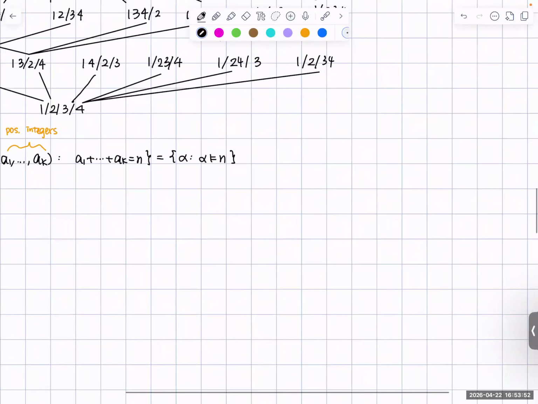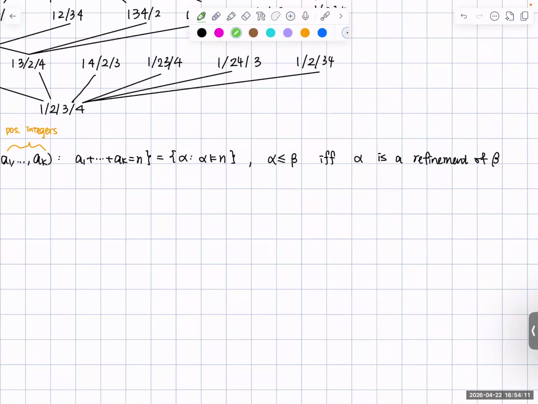Then how am I going to tell whether 2 compositions are related? So alpha is less than or equal to beta if and only if alpha is a refinement of beta. What do I mean by that?